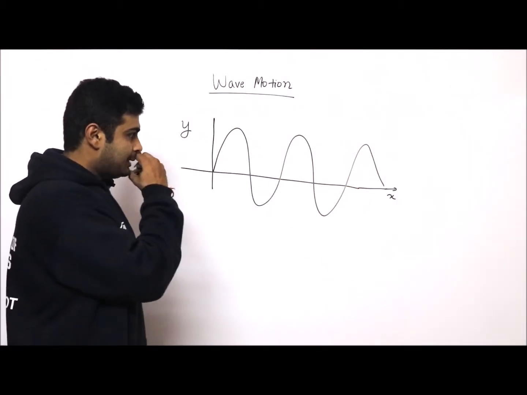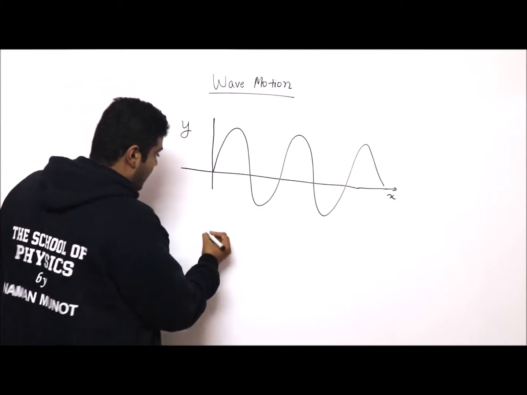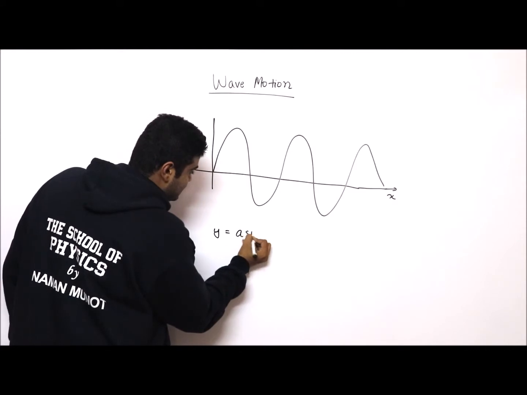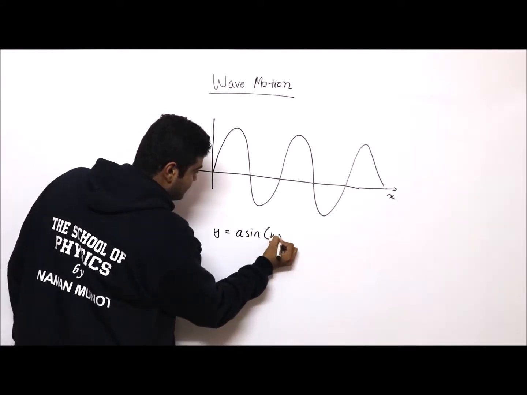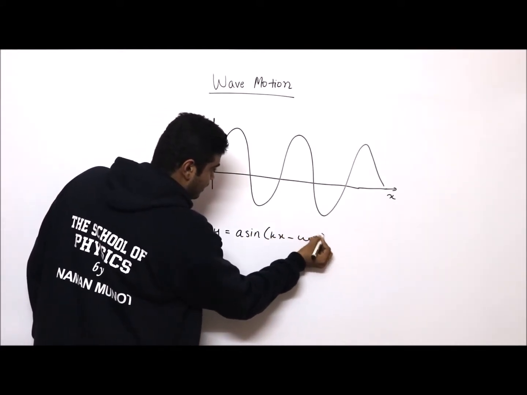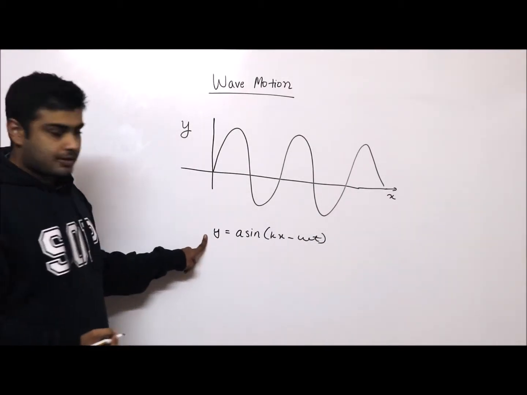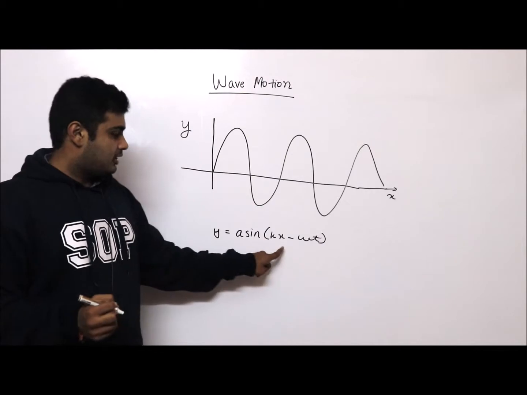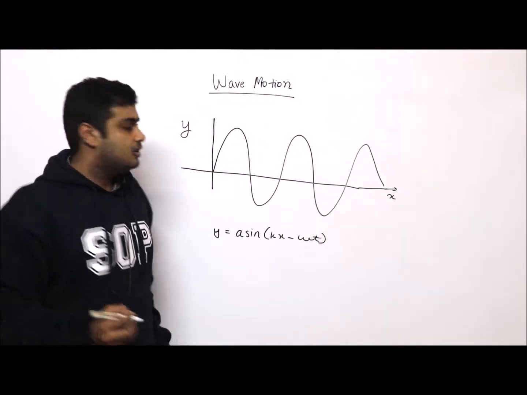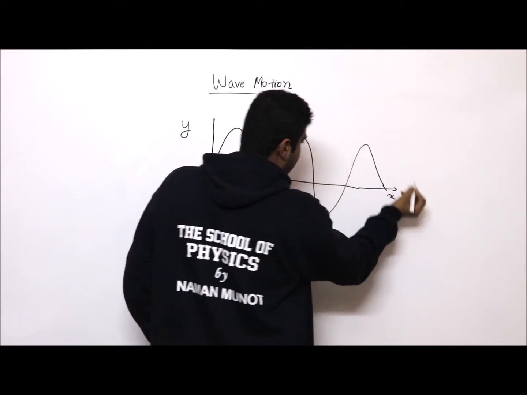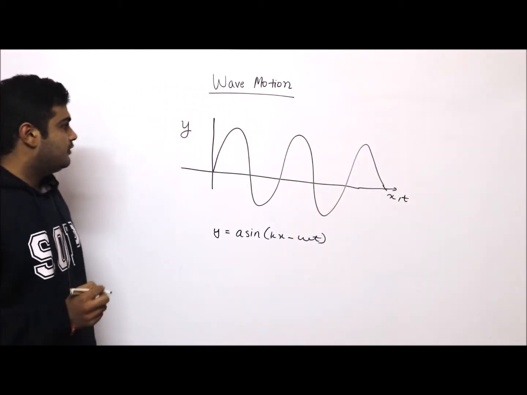It is usually a sinusoidal curve and it is written as y = A sin(kx - omega t). So this is the representation of y with respect to x and t. This is the wave motion.